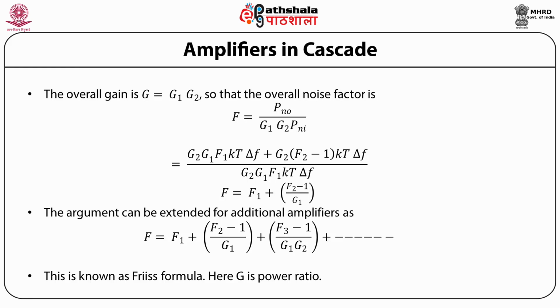The argument can be extended for additional amplifiers as F equal to F1 plus F2 minus 1 by G1 plus F3 minus 1 by G1 G2, plus so on. This is known as the Friis formula, and here G is the power ratio.